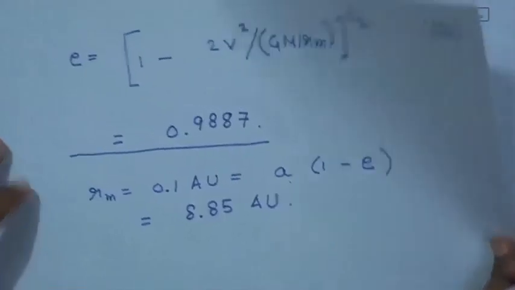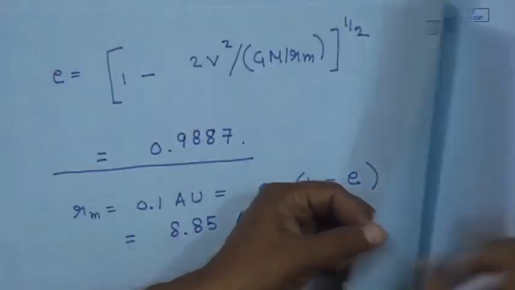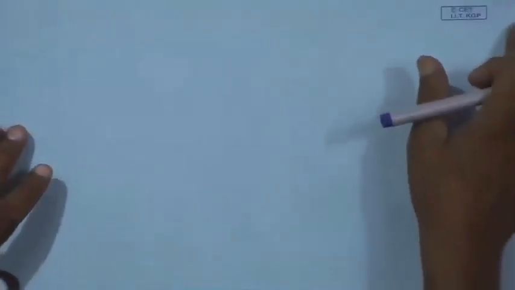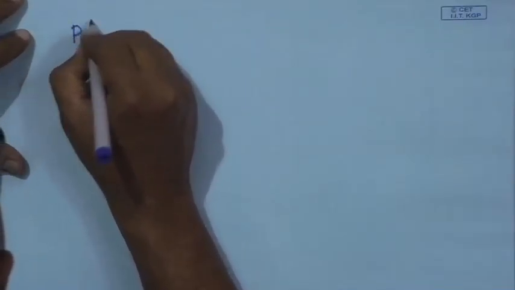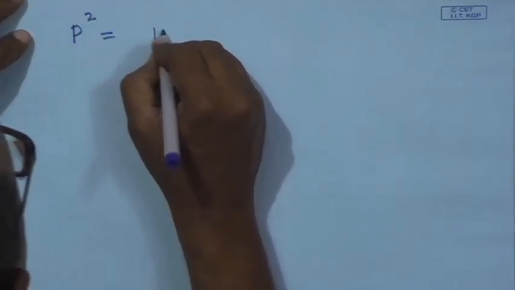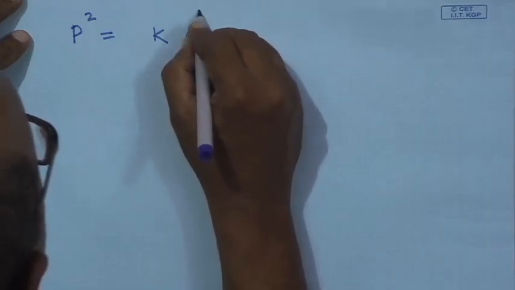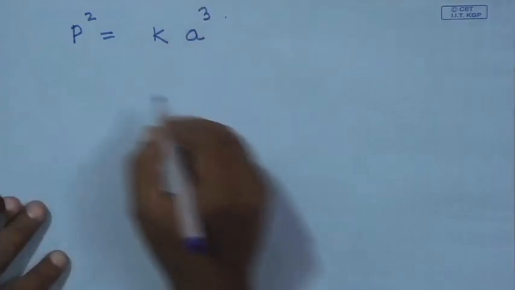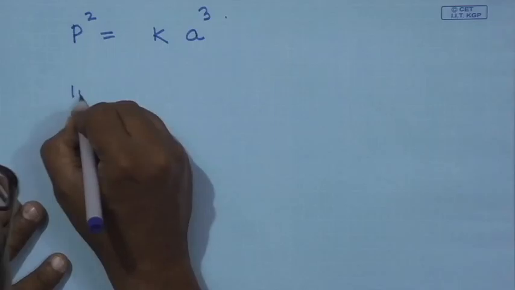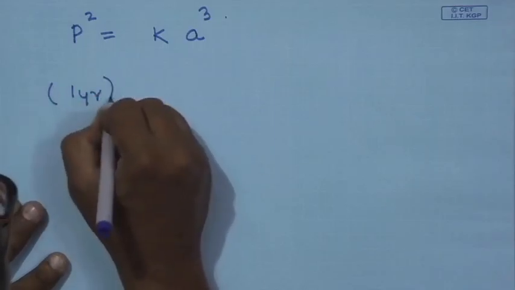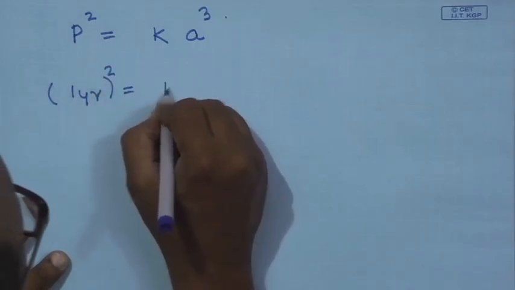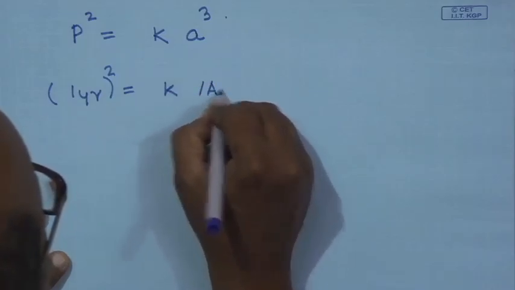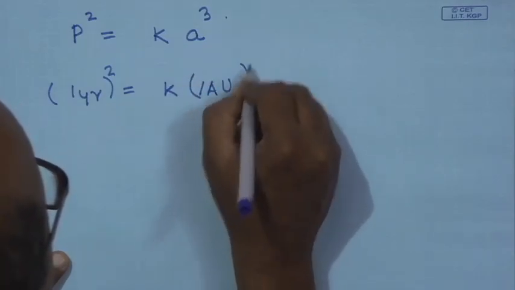We have to next determine the period. We know that the period squared is equal to some constant into the semi major axis cubed. We also know that for the earth the period is 1 year squared, equal to the same constant into 1 astronomical unit cubed.